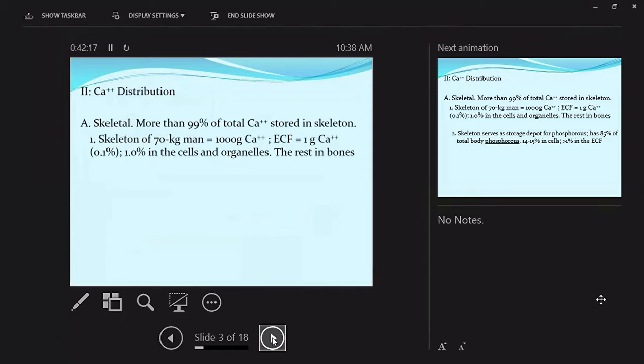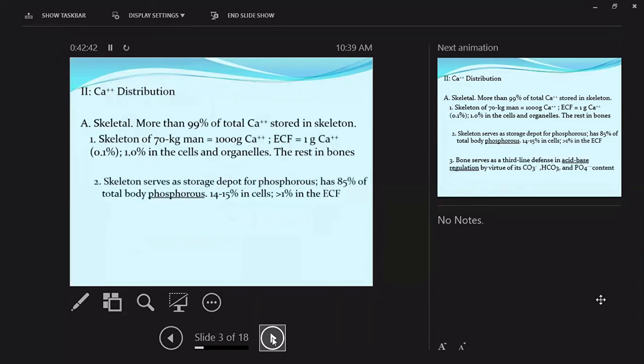In the extracellular fluid compartment, only 1 gram of calcium is found. That is only 0.1%. And 1% is in the cells and organelles of the cells. Okay, the rest is in the bones.